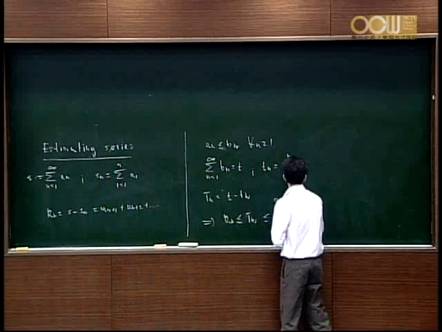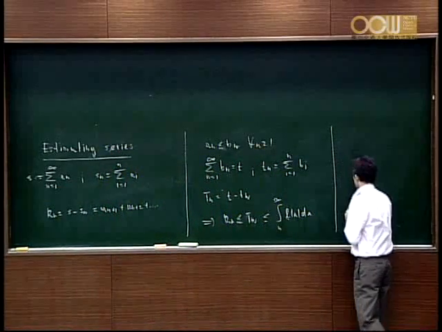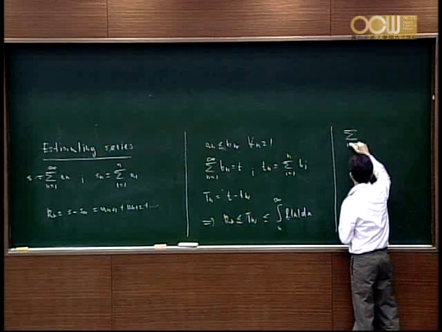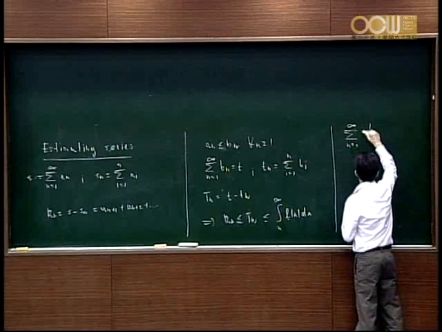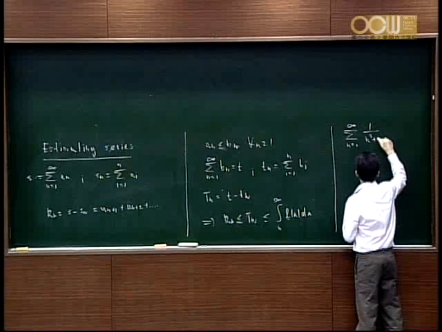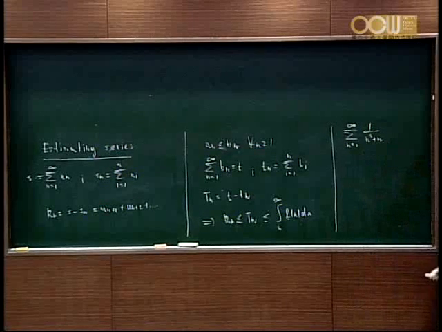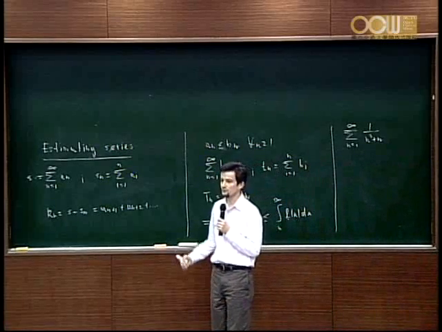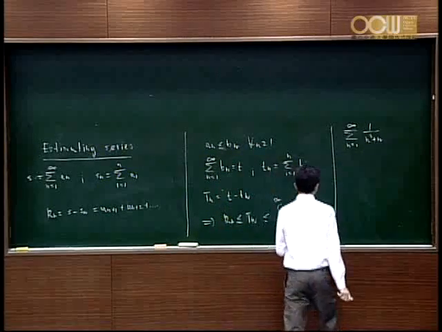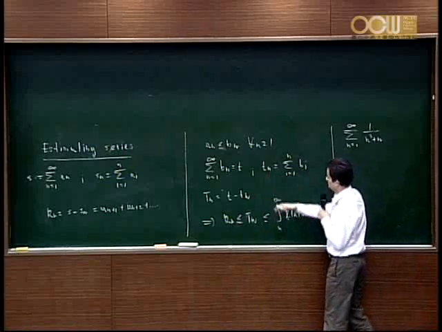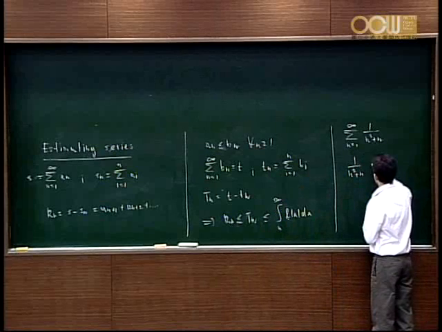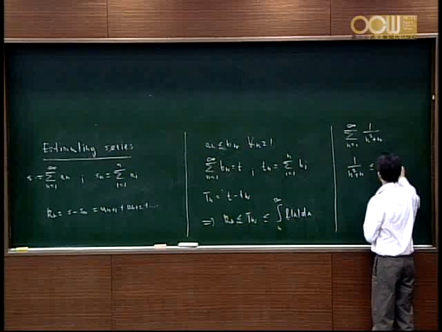So for instance, if you look at this series here, and you are asked to find the value up to a certain precision, what you will do is you use this here. We have observed that 1 over n cubed plus n is smaller or equal than 1 over n cubed.